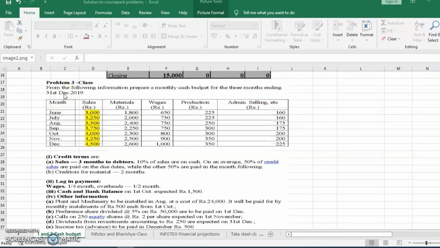So which means October, November, December. December should be the last month.